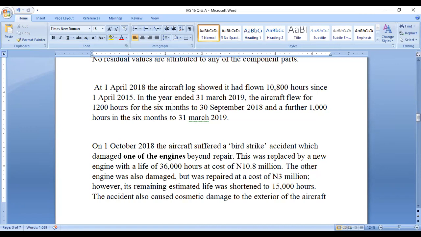Okay, let's finish with the engine. Let's finish with the engine.